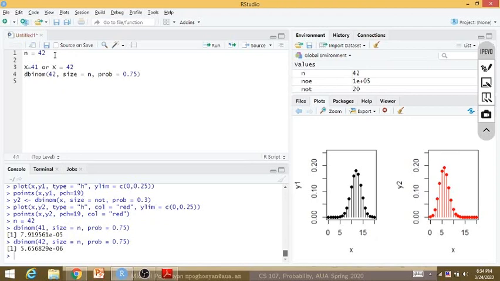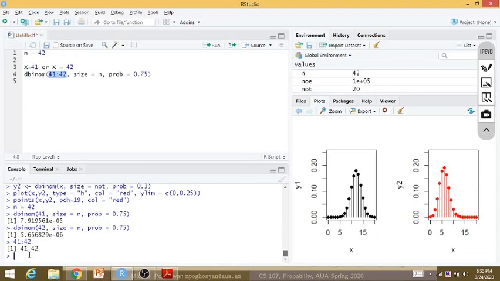Okay, now I need to add those probabilities because I wanted to calculate the probability that more than 40 persons will show up. Adding those probabilities I can do in the following way. So I am writing here 41 to 42. This is a vector consisting of coordinates 41 and 42. Let me run that here, say 41 to 42.